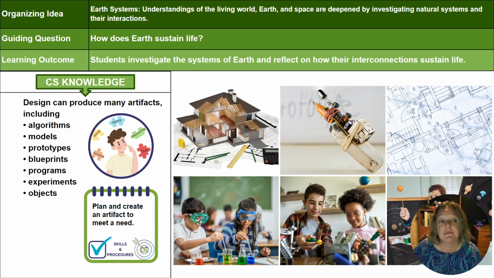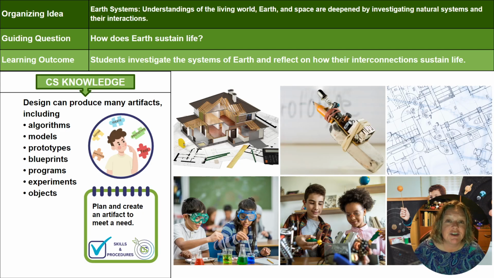In the grade 4 computer science knowledge, they let us know what artifacts can be. And in the skills and procedures, students are expected to design an artifact. So if we look at this list, we can see that an artifact can include anything from an algorithm, which would be the specific coding concept that we may connect to computer science.